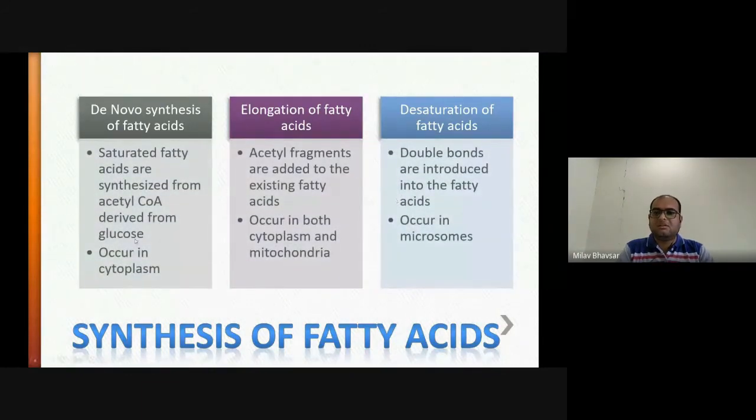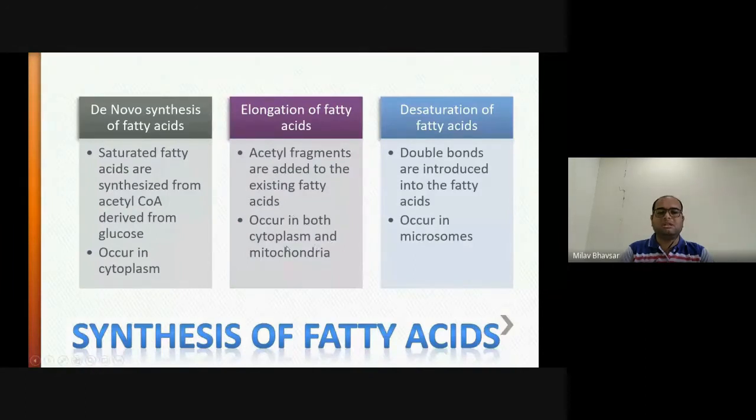Here, de novo synthesis, you generate the saturated fatty acids and it occurs inside the cytoplasm. Remember, your oxidation is occurring inside the mitochondria.